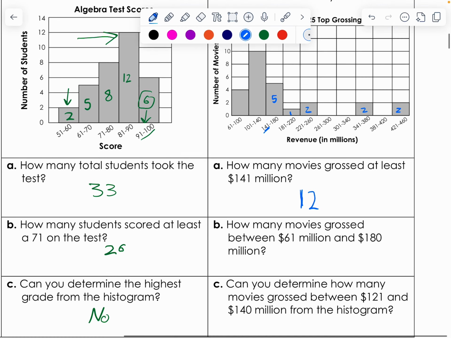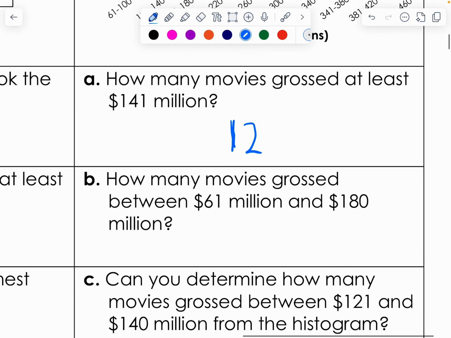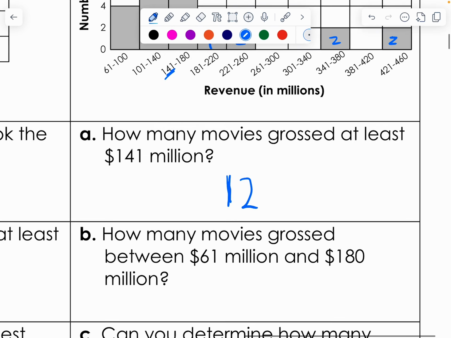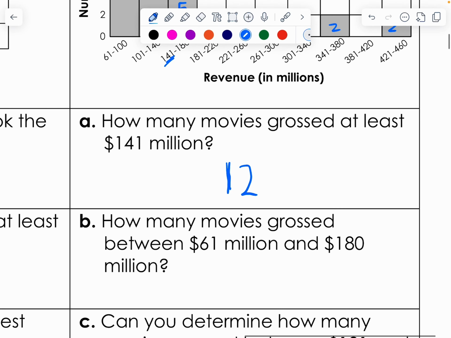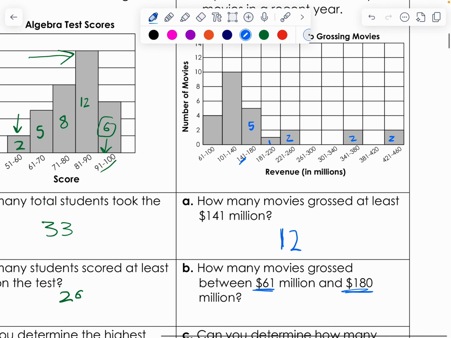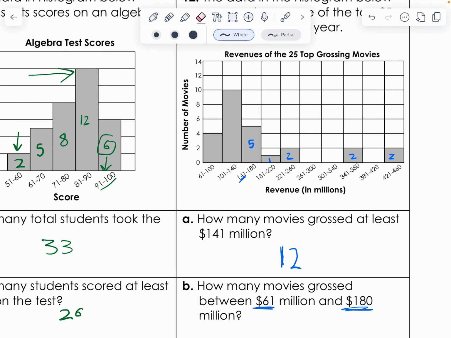All right, part B, how many movies grossed between 61 million and 180 million? So this is similar to question A where we're starting small and we're going on down the graph, but we have a stopping point. It's at least 61, but less than 180. So we have a range to work with here. So let me go and erase a couple of things here real quick.